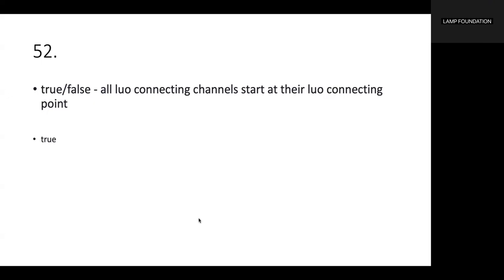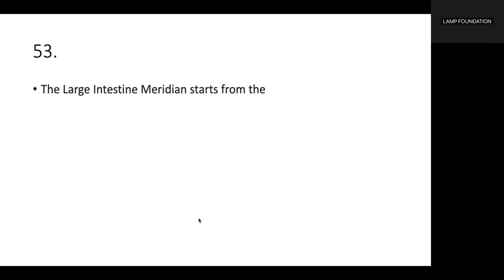Luo connecting point of the large intestine? The large intestine meridian starts from the tip of the index finger.